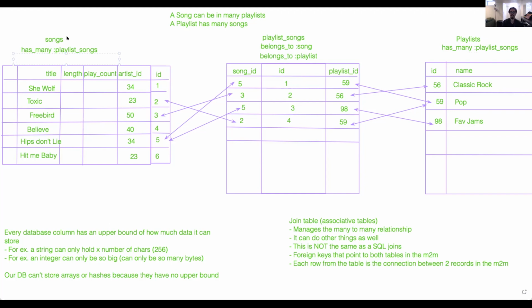So the relationship from a song to a playlist is that a song has many playlists through our join table, which is playlist songs. And a playlist also goes through that join table, but it has many songs through playlist songs.